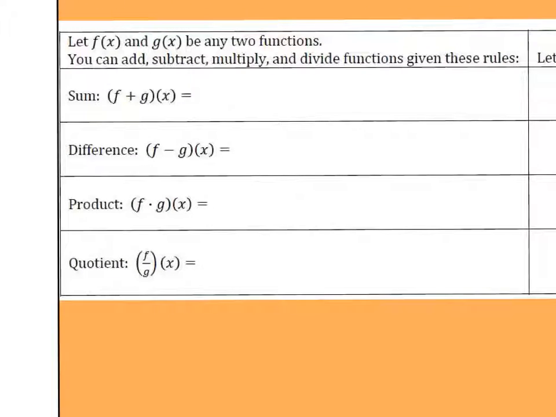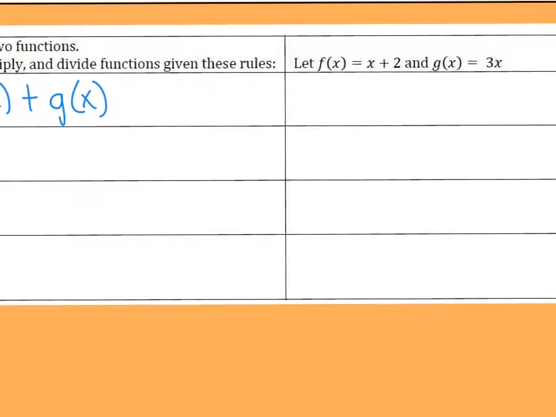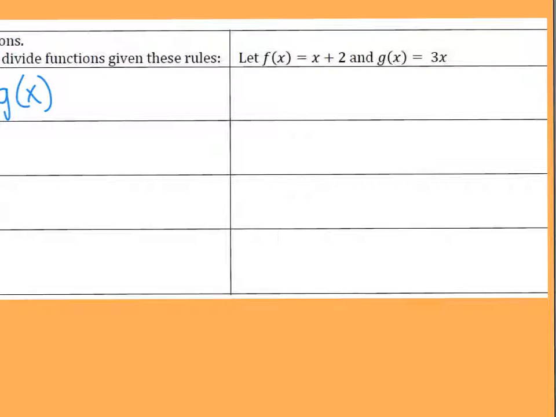Anytime you're doing a sum like this, all that means is take your f of x and your g of x and add them together. So if I'm doing the sum, that means I'm going to take x plus 2 plus 3x. I can put parentheses around them, but hopefully you recognize parentheses don't do anything in this situation.